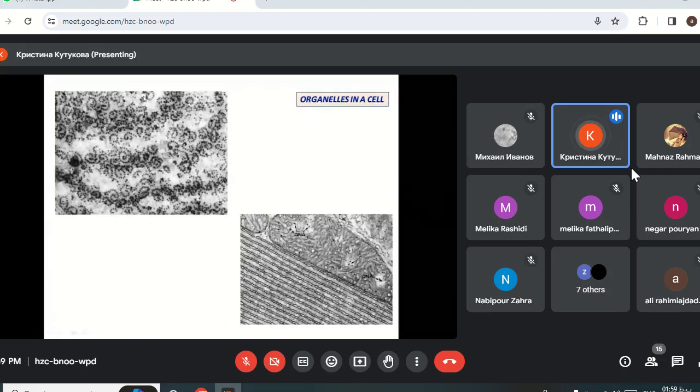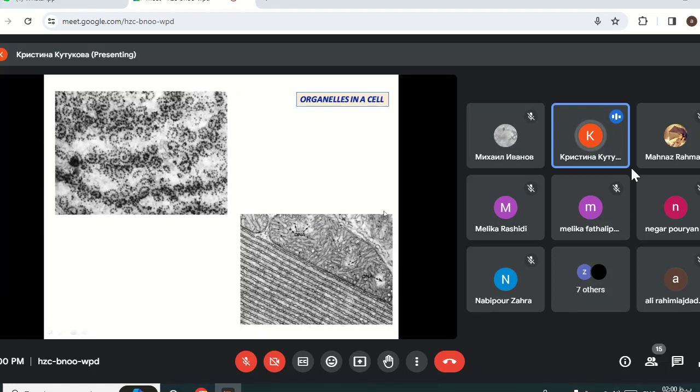In these two pictures, in the upper one you can see polyribosomes, spiral looking and circle looking. So they are active free ribosomes making cytoplasmic proteins for a cell itself.